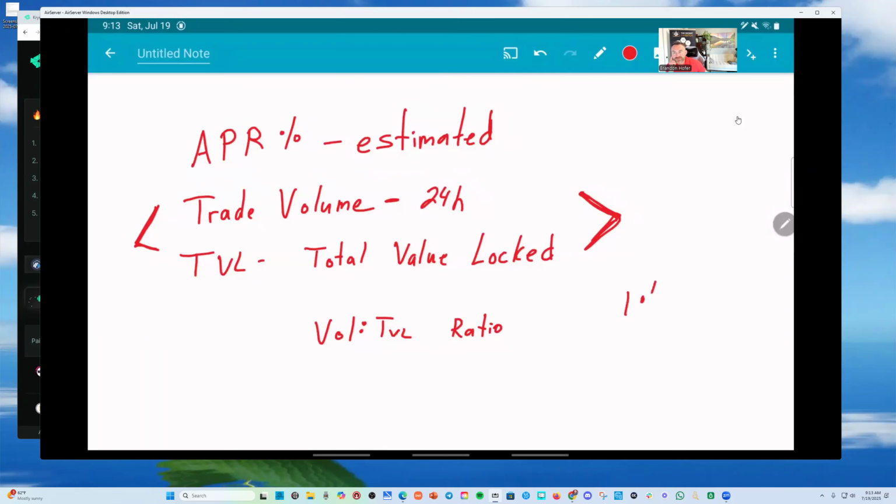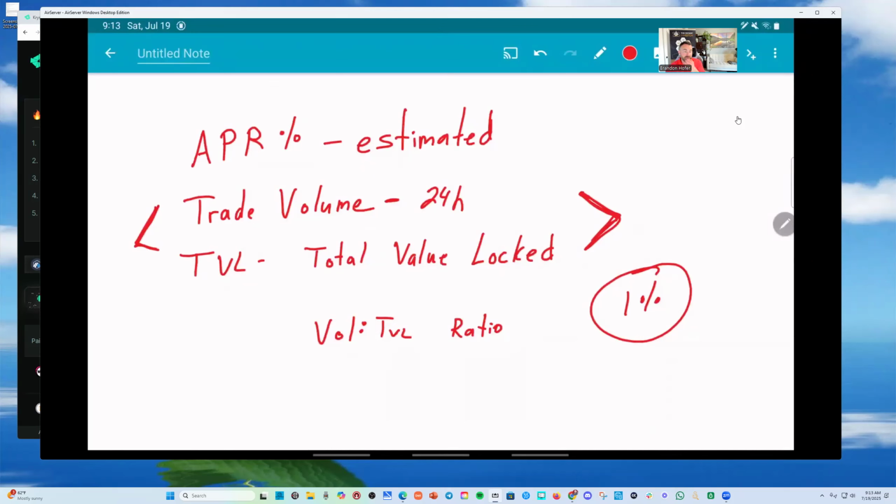But if that $1 million pool only has, I'm just making numbers up for illustration, 20,000 in trade volume, well, guess what? There's not going to be very many total fees to distribute across all of those liquidity providers. And therefore, your 1% take won't be that high because the volume to TVL ratio is low.